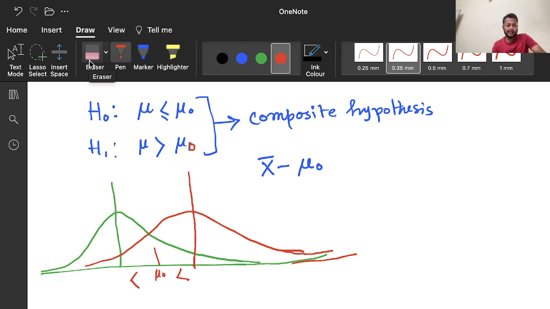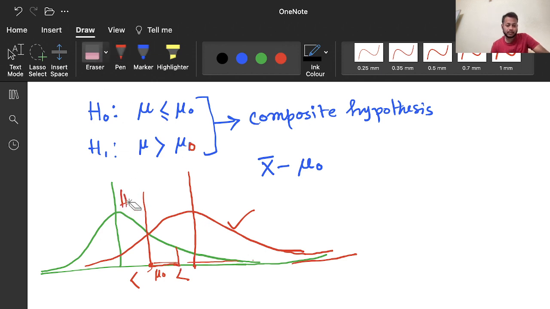Now if my random variable follows this red distribution, its sample mean should lie in this region, above mu 0. So the sample mean should be larger than mu 0 if this is my null hypothesis.